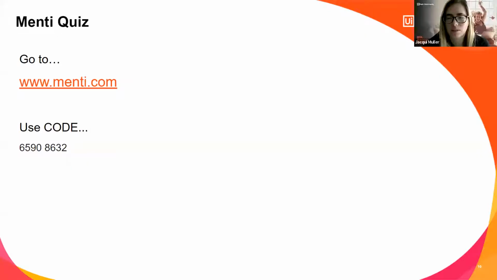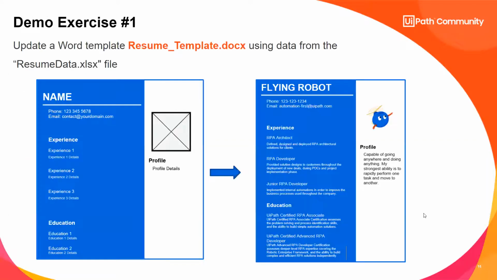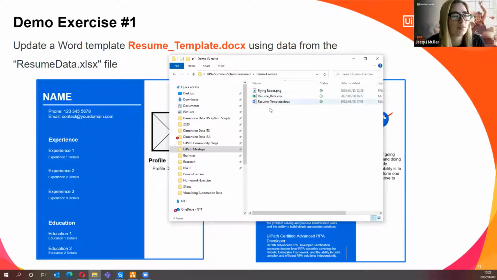Okay, so we should be back onto my screen. Please just confirm that you can see. Yes. Perfect. All right, so in the files that you've now downloaded, you should be seeing essentially 2 or 3 different files. You should be seeing the flying robot, the resume data, and then the resume template.